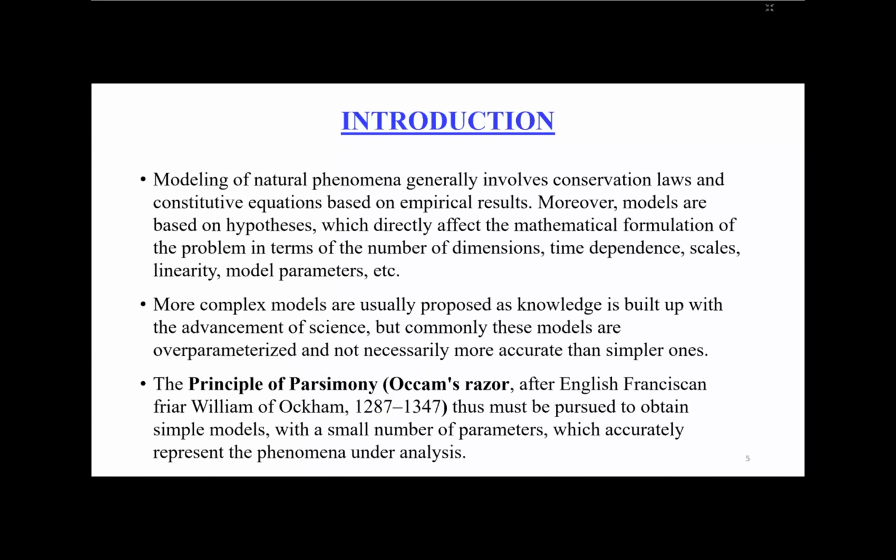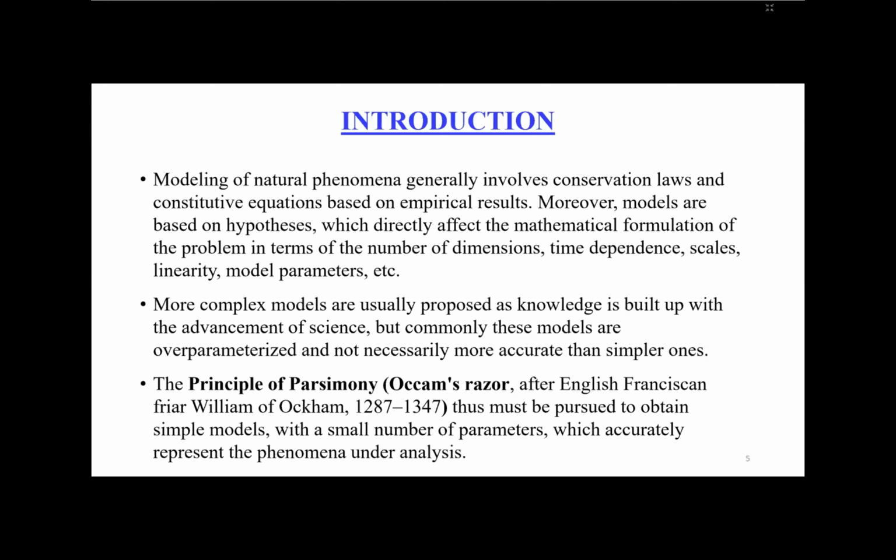Modeling of natural phenomena generally involves conservation laws and constitutive equations based on empirical results. Moreover, models are based on hypotheses, which directly affect the mathematical formulation of the problem in terms of the number of dimensions, time dependence, scales, linearity, model parameters, etc. In general, more complex models are usually proposed as knowledge is built up with the advancement of science.